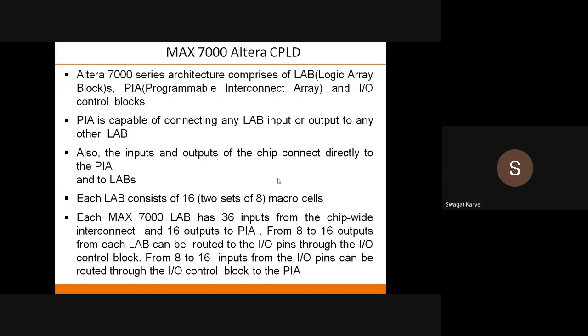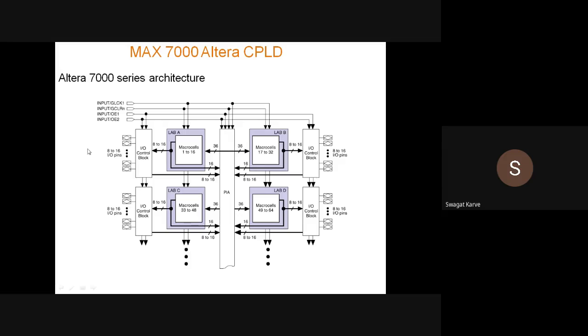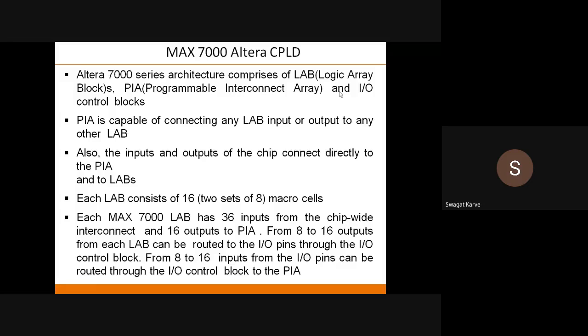That means normally this 8 to 16 may be 8, may be 16. These 8 to 16 input output pins are connected to this input output control block, and that is again connected via this 8 to 16 bus to this lab, logic array block. So this is about the architecture of this Altera MAX series.